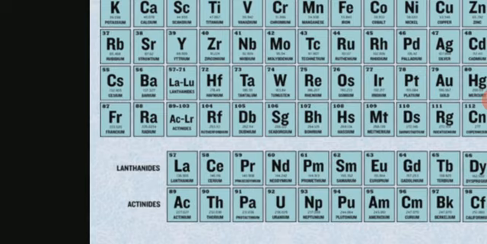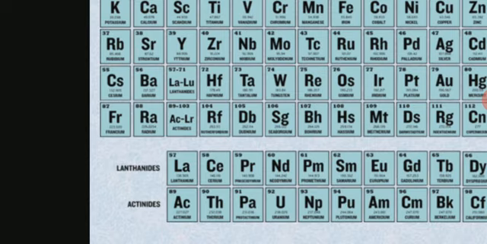If you see the atomic number in the 6th period, from 57 in the 3rd group and 6th period, the atomic numbers go from 57 to 71. After that 72 comes in the main table. So 57 to 71 is put separately below the main table, and this we call the lanthanides.